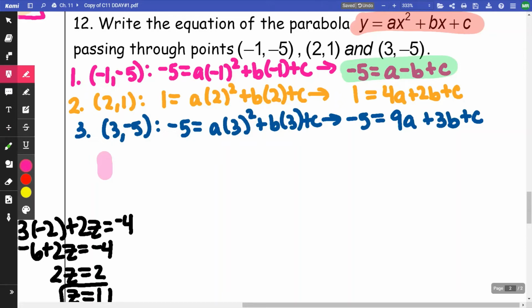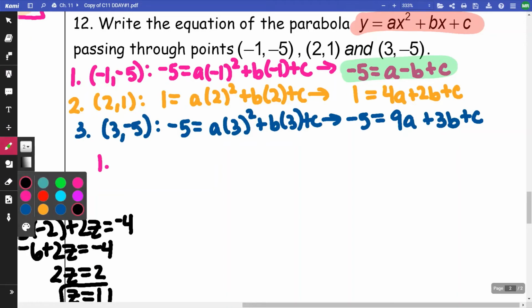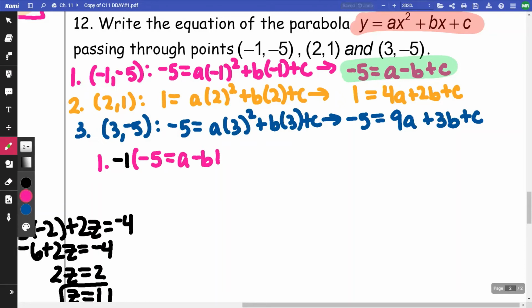Negative 5 is equal to a minus b plus c. When I multiply by negative 1, I'm going to get as my new number one, positive 5, because a negative times a negative, is equal to negative a plus b minus c.